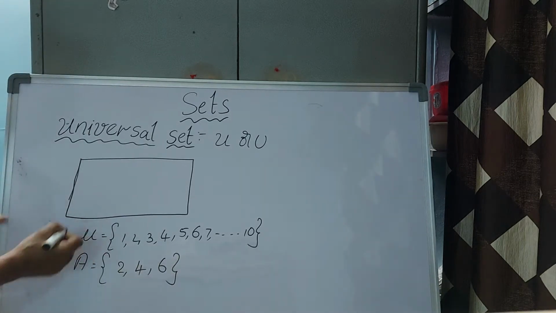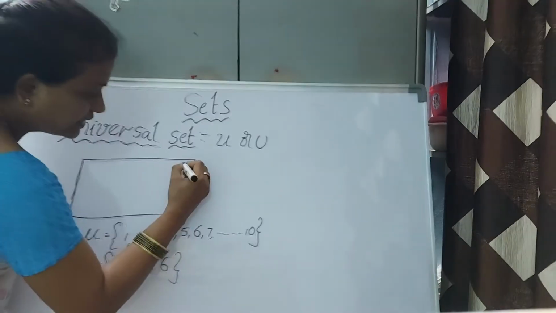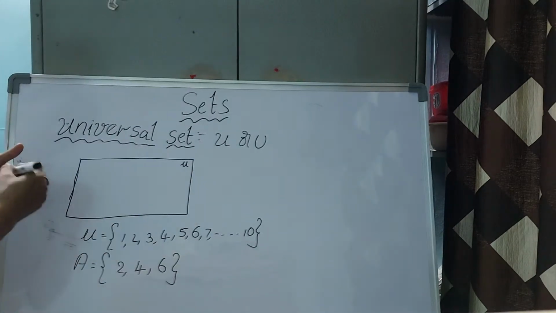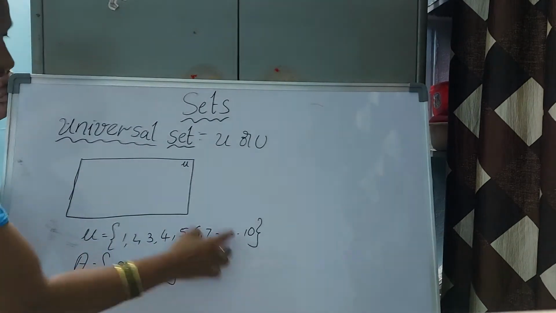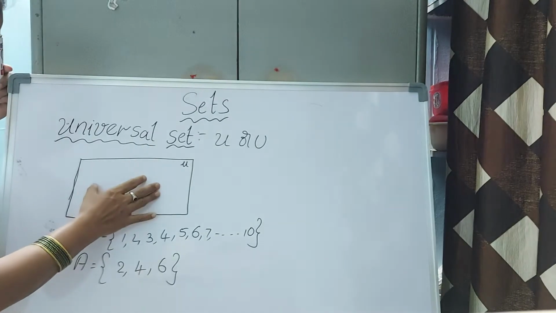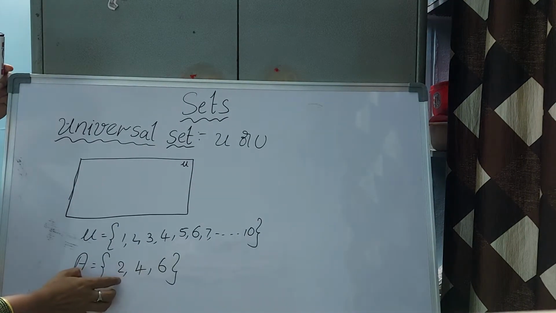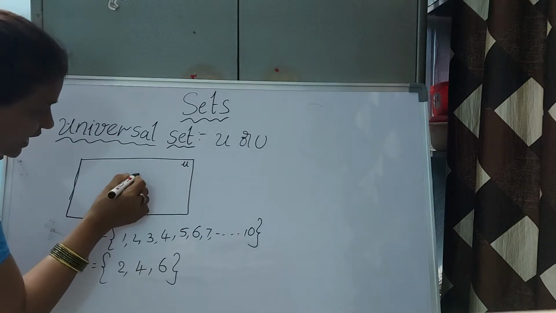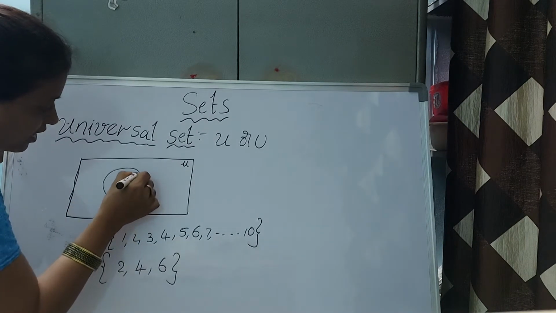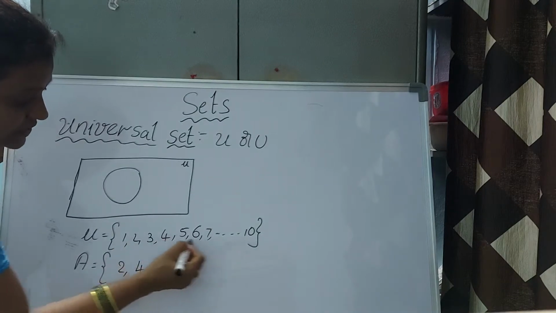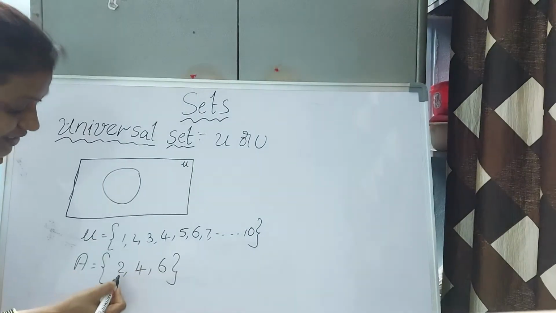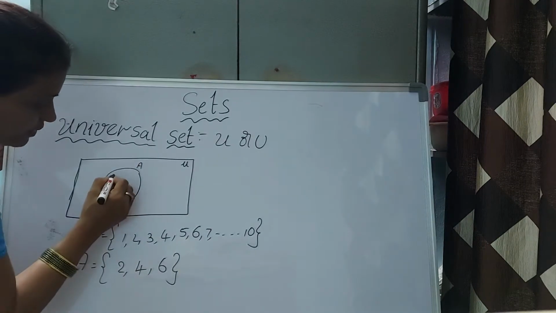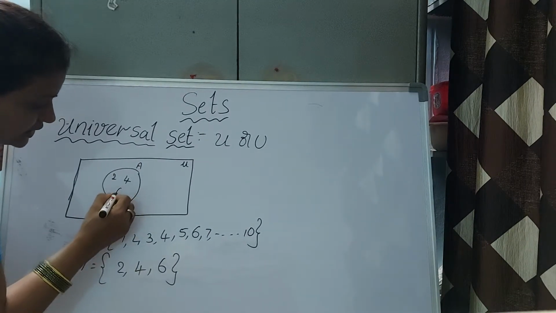This set is present in the universal set, denoted by mu or U. In the universal set we have the numbers 1 to 10. In that, set A has the elements 2, 4, 6. Since 2, 4, 6 are present in this universal set, that's why I took them inside. This is set A: 2, 4, 6.